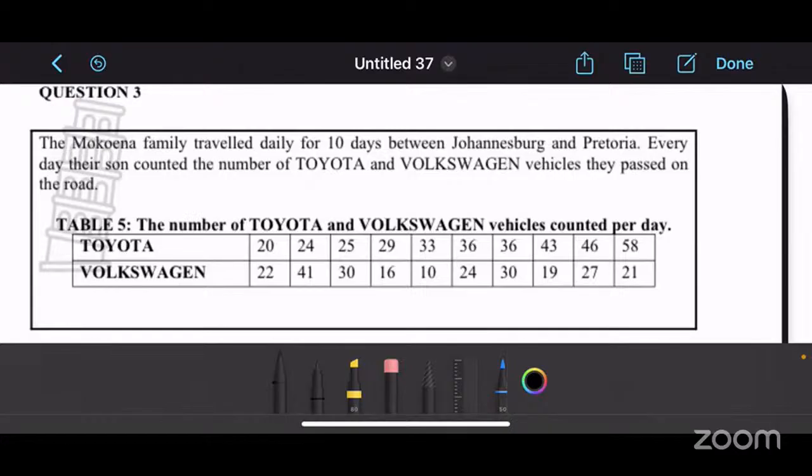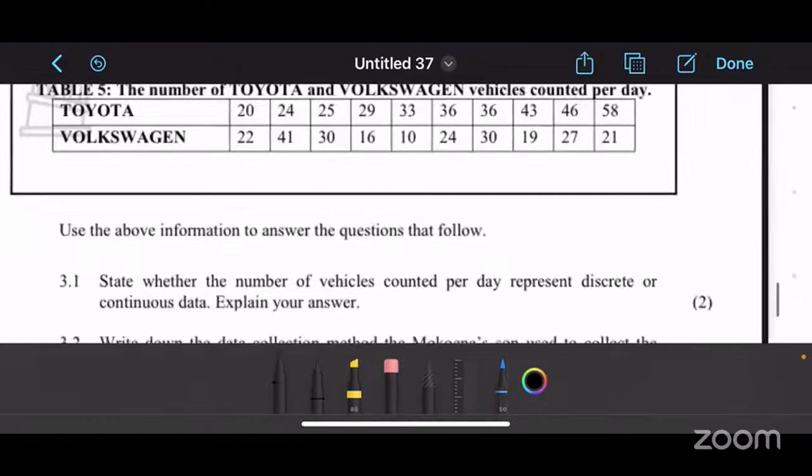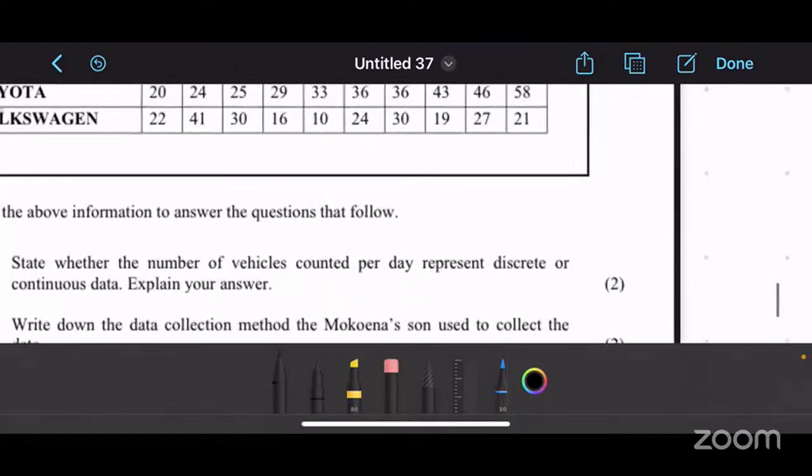The first day it was 20 for Toyota and 22 for Volkswagen. And then we have 24 and 41, 25, 30, 29, 16, 33, 10, 36, 24, 36, 30, 43, 19, 46, 27, 58, and 21.